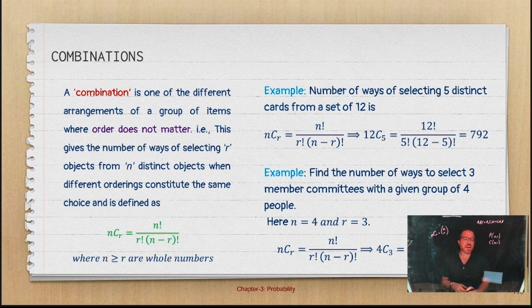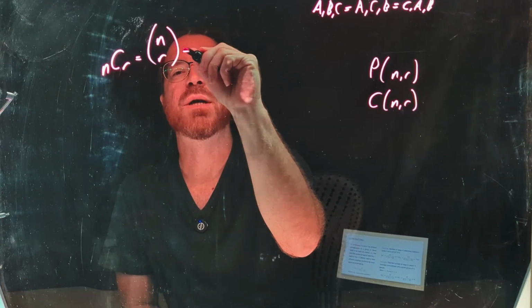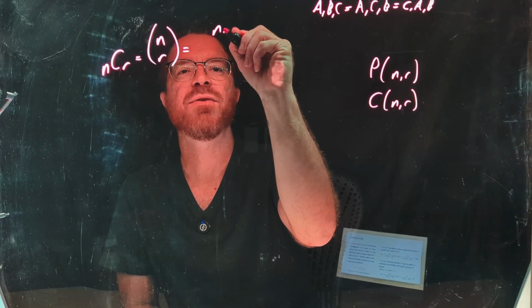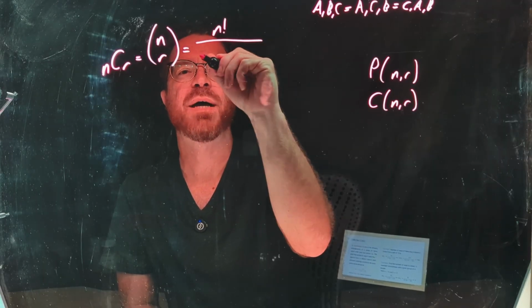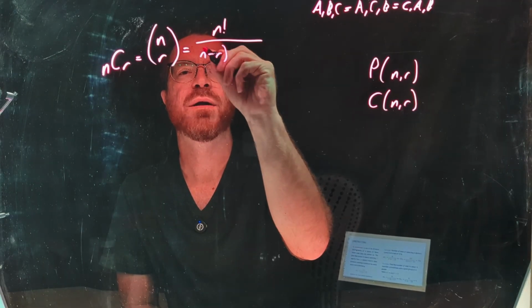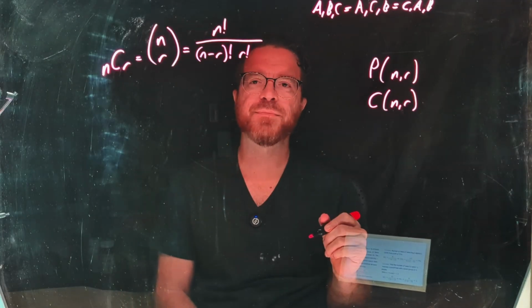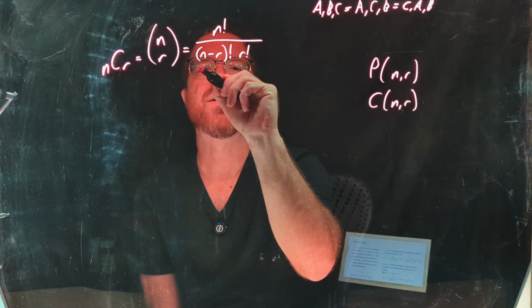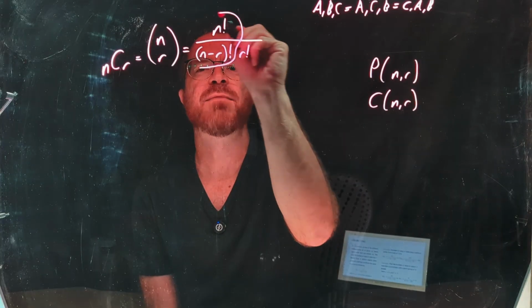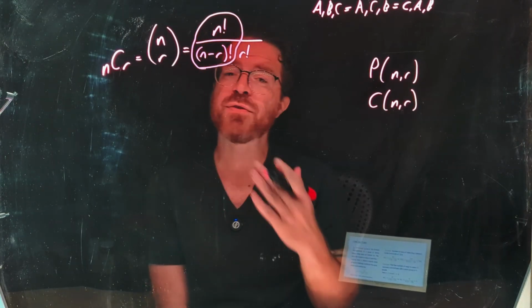Okay, so now let's look at the number of ways that we can select 5 distinct cards from a set of 12. Now, the way you actually solve for a combination is going to be n factorial divided by (n minus r) factorial times r factorial. Now, if you look at this part right here, this n factorial divided by (n minus r) factorial, this should look familiar to you.